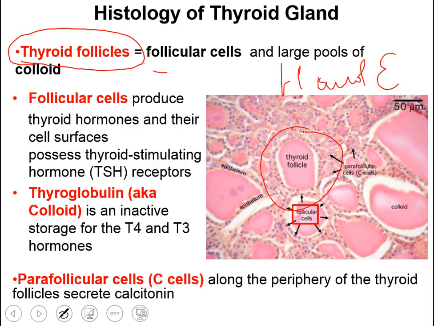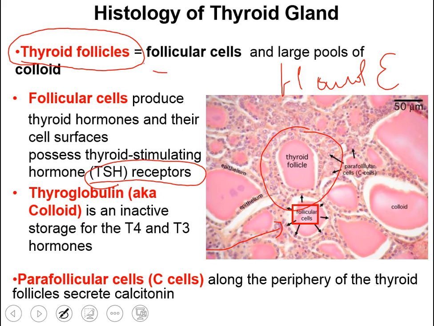Follicular cells produce thyroid hormones and concentrate iodine from blood, and their cell surfaces possess thyroid-stimulating hormone receptors, TSH receptors, which bind thyroid-stimulating hormone, which hopefully you remember is released by the adenohypophysis.